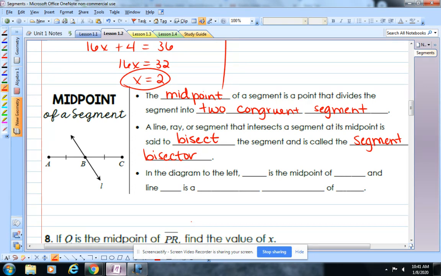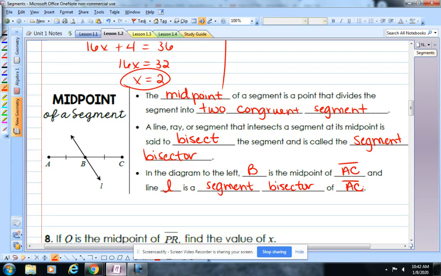All right? In the diagram to the left, what is the midpoint? B is the midpoint of segment AC, and line L is the segment bisector of segment AC.